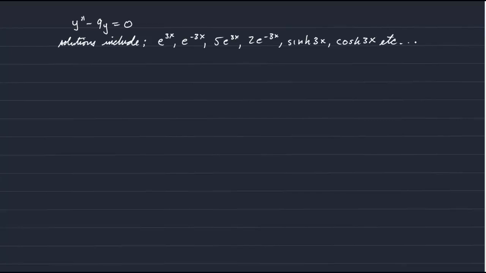So there are lots of different forms of solutions, but among all those possible solutions, there are only two linearly independent solutions.